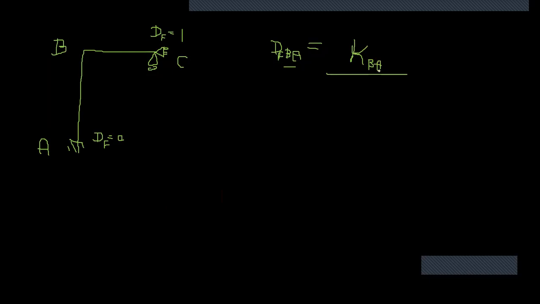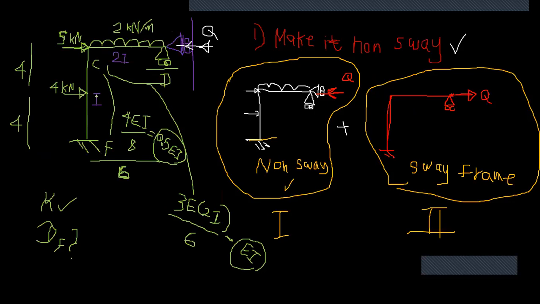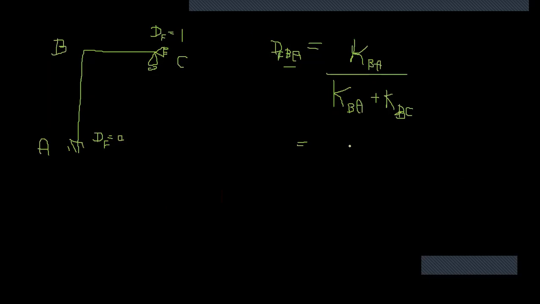Stiffness BA and stiffness AB are equal. So the distribution factor BA plus the distribution factor BC. That's going to be 0.5 EI, and here EI.